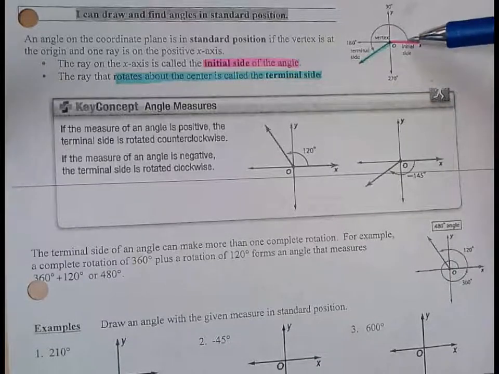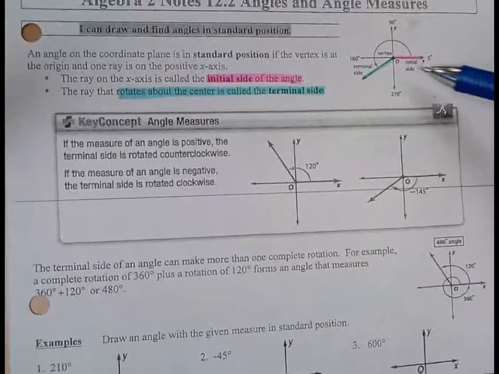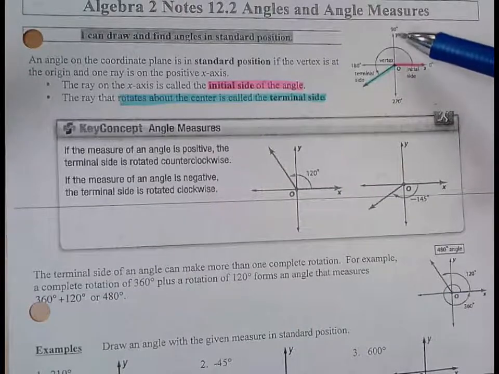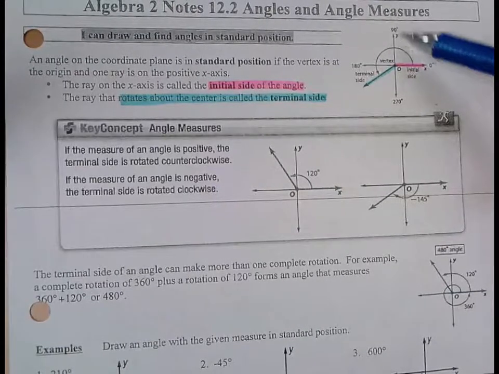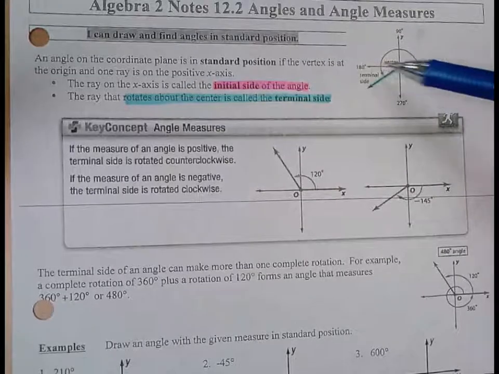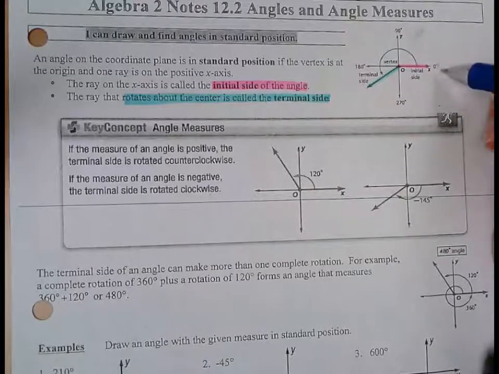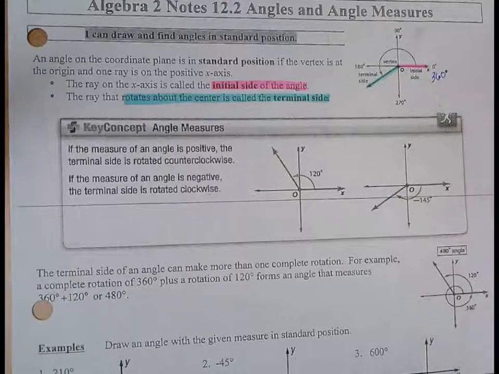One full rotation, you may remember from geometry, is 360 degrees. So they do have labeled up here, you're starting at 0 degrees. If you go a quarter of the way, a quarter of 360 is 90, half of the way is 180, 3/4 of the way is 270. A full rotation would be 360 degrees.